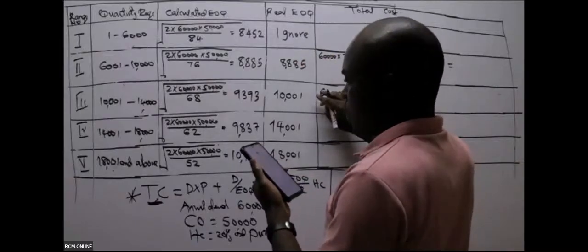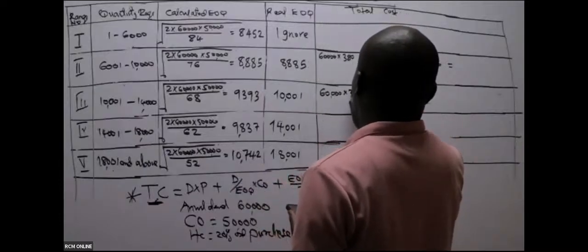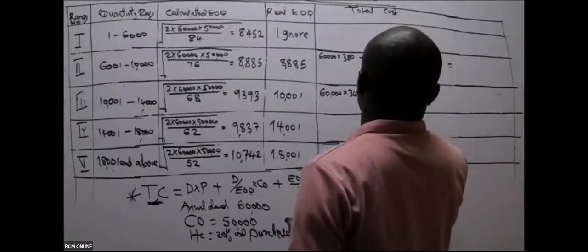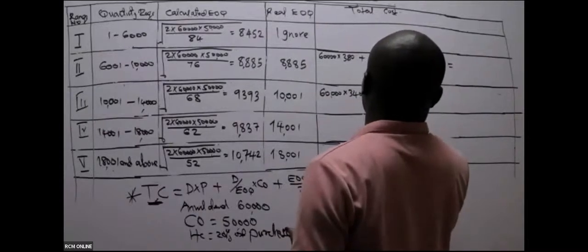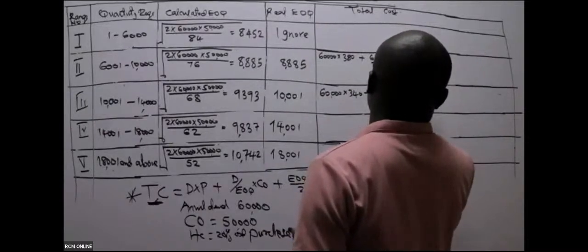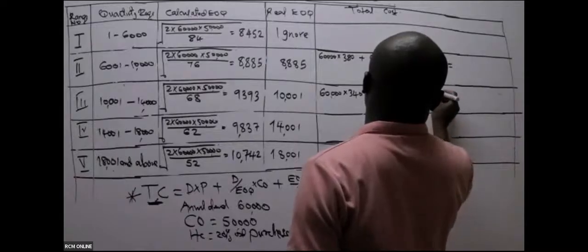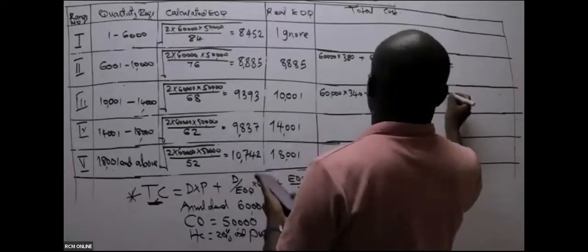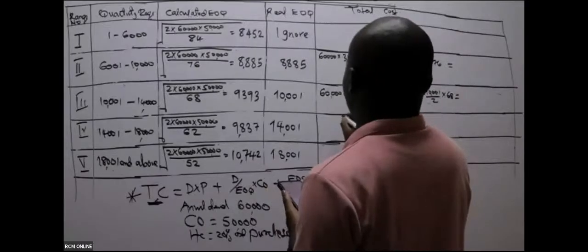So this one here was 340, plus demand divided by economic order quantity times 50,000 plus 10,001 divided by 2 times ordering cost, which is 68. Someone should be able to advise us here.